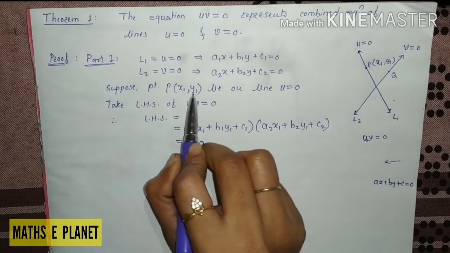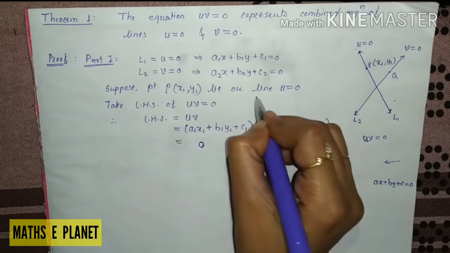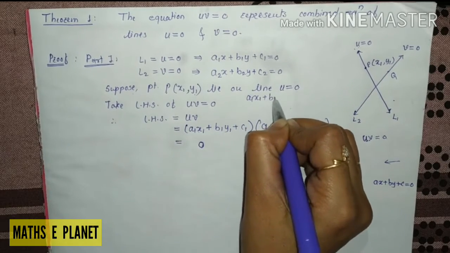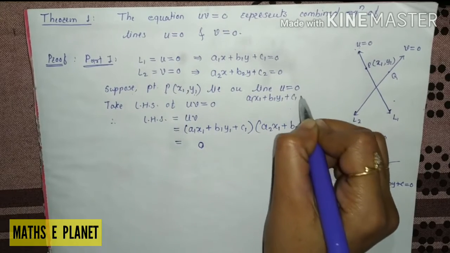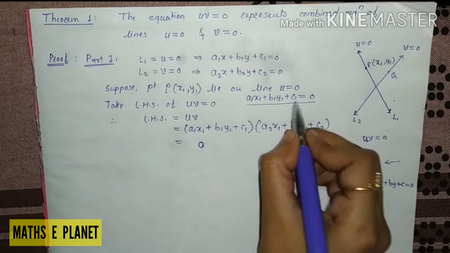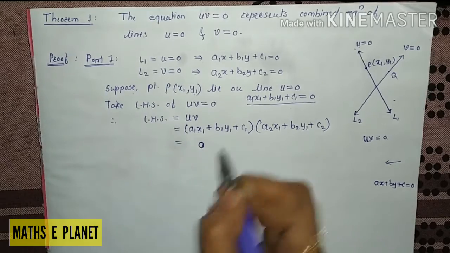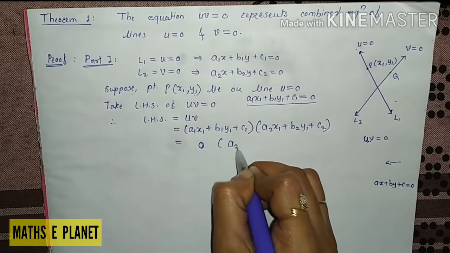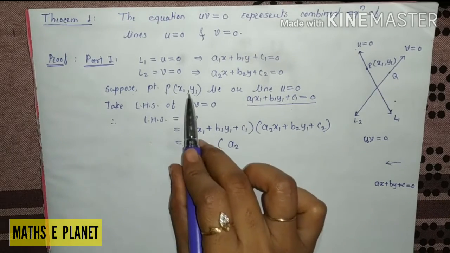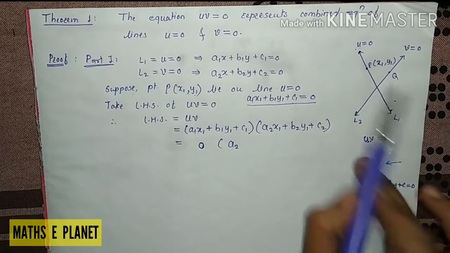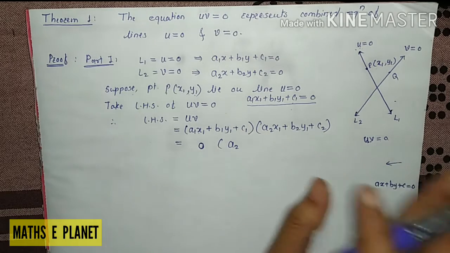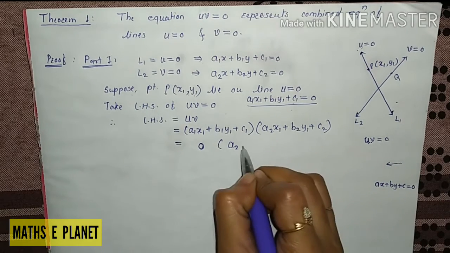Because this point P lies on u. Therefore, for this equation, we can write a1 x1 plus b1 y1 plus c1 is equal to 0. This is a very important equation to write here. So we have written 0 here, and the second bracket will remain as it is, because we do not know whether the point x1 y1 is lying on v or not. We know that it is on u, so we are writing 0 here. But for v is equal to 0, we do not know the position of that point.